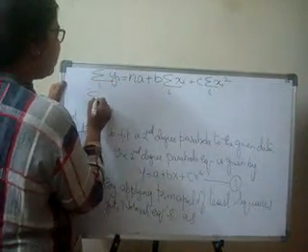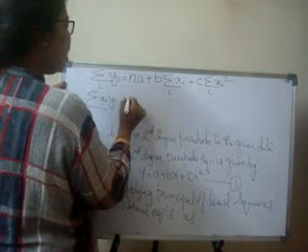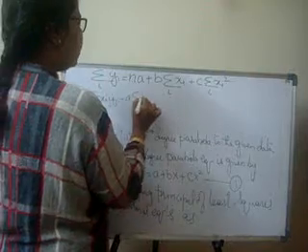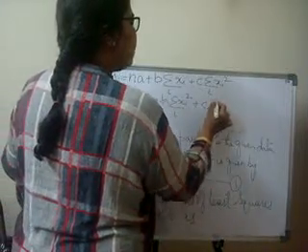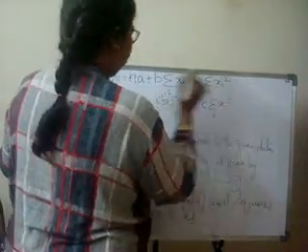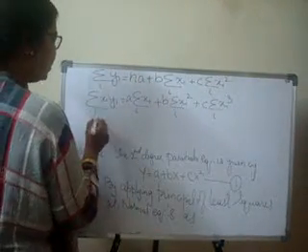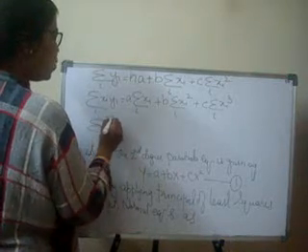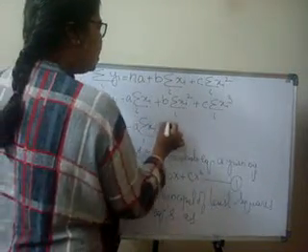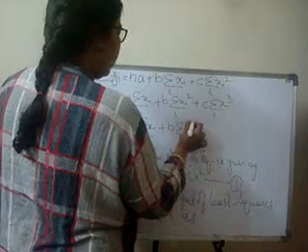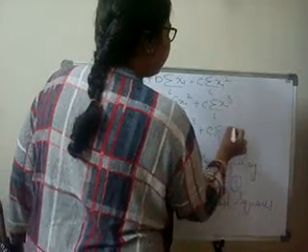The second equation, we multiply this with xi: summation xi yi equals a summation xi plus b summation xi square plus c summation xi cube. And the third equation, multiply again with xi: summation xi square yi equals a summation xi square plus b summation xi cube plus c summation xi to the power of 4.